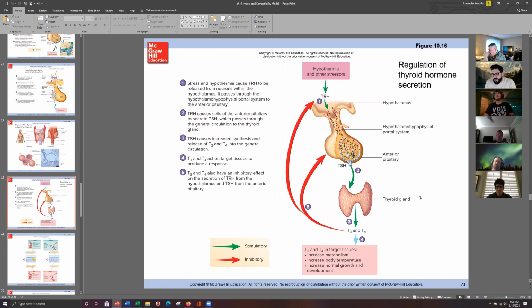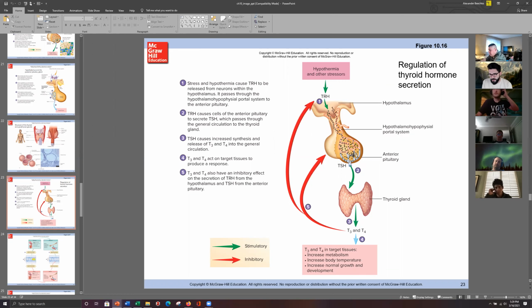So a typical pathway for things like T3 and T4 hormone production in the thyroid, thyroxine and triiodothyronine. We have thyroid stimulating hormone that's produced via the anterior pituitary, but wait, we have to have thyrotropin releasing hormone produced in the hypothalamus, which makes its way via the hypothalamo-hypophyseal portal system, the infundibulum, into the anterior pituitary, where it acts on the tissues there.